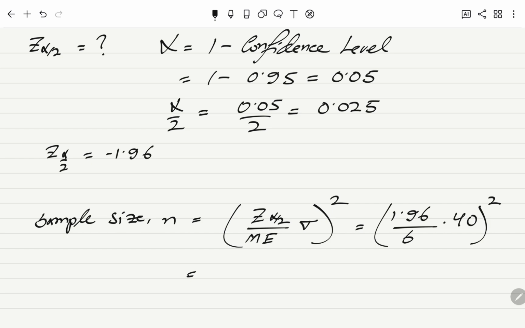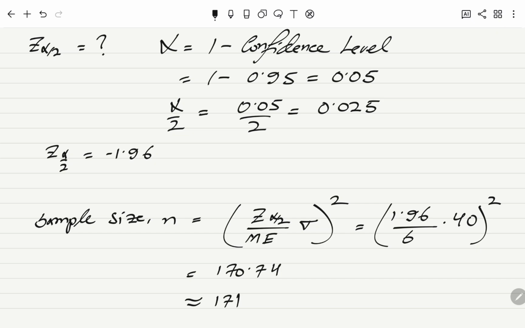So if I calculate that, 1.96 times 40 over 6, all squared, I get n of 170.74. Now because n is a sample size, that is the number of subjects in the study, it cannot be a decimal. So for n, we always round up. So we can say n is going to be a minimum of 171.